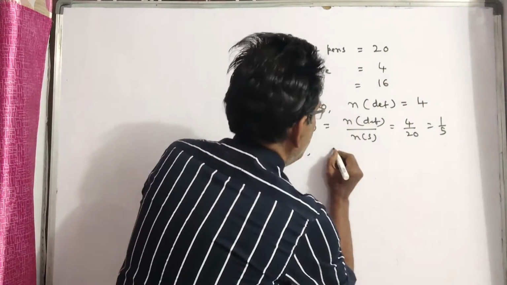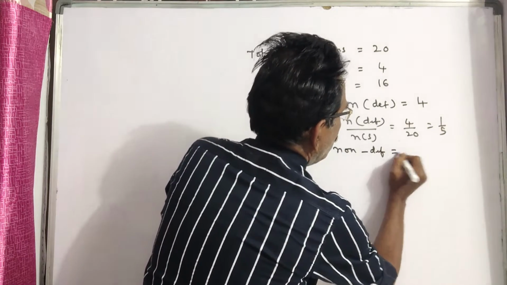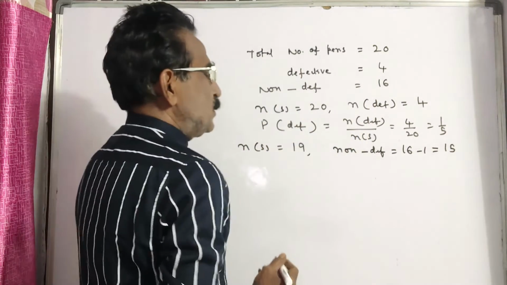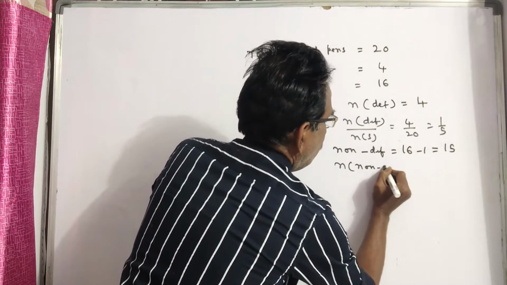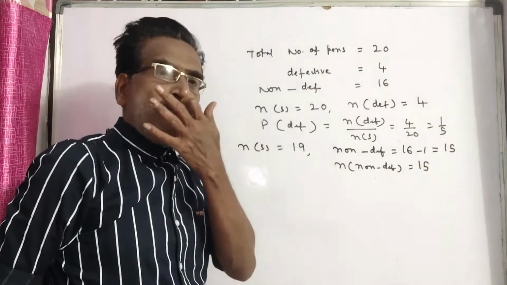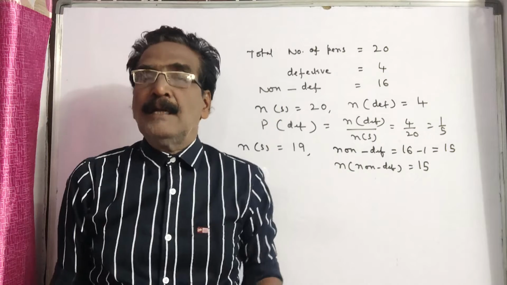So non-defective pens is equal to 16 minus 1, that is equal to 15. So n of non-defective is equal to 15.